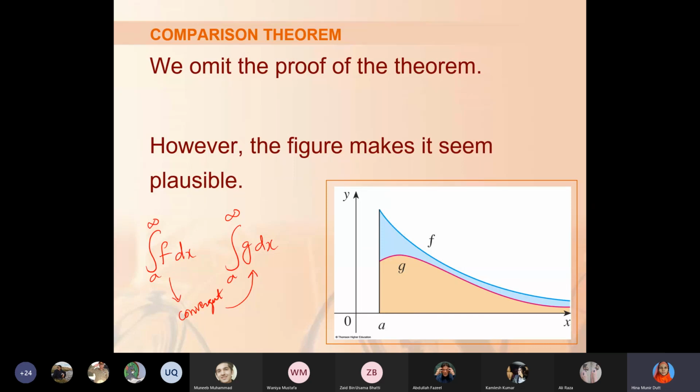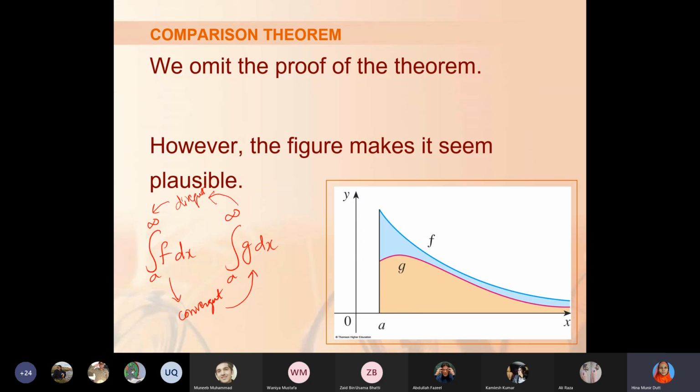And if the bottom function is divergent, what about the integral of the top function? It is also divergent. So if the integral of the bottom function is divergent, the integral of the top function is also divergent. This is the result of the comparison theorem.